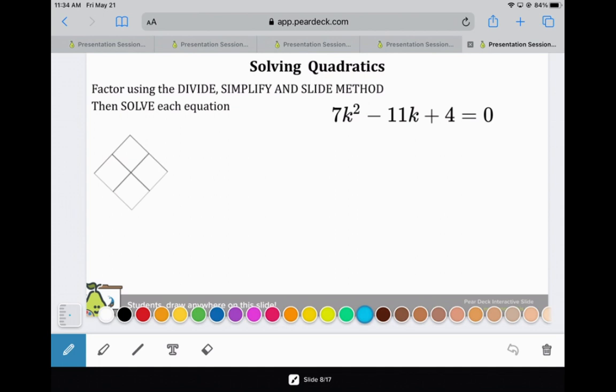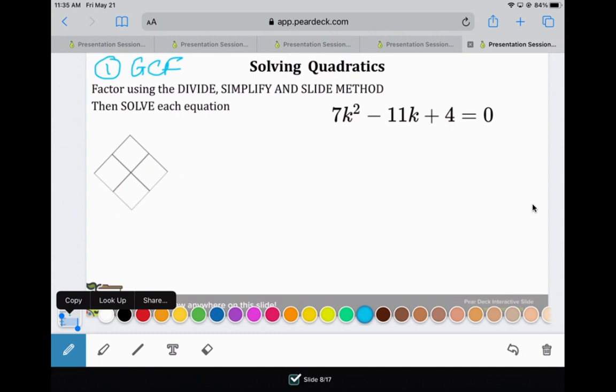Okay, so what I would do, I'm going to ask you if you can write down the steps to solve this one. Step number 1, I'm looking for the GCF. That means the biggest number that you can divide by.